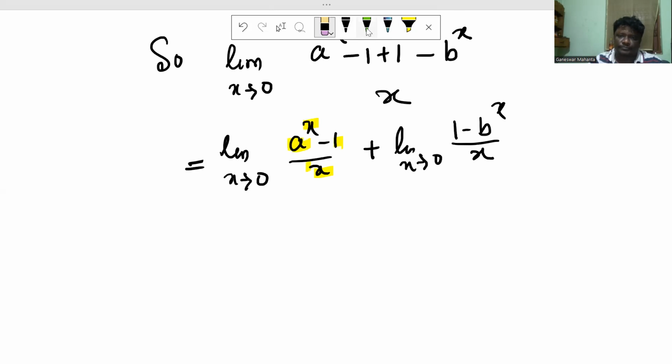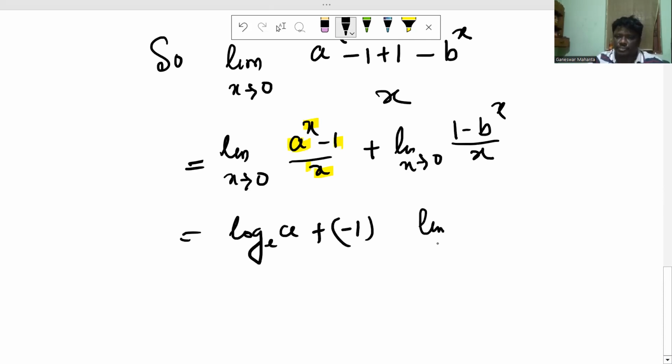So this is log a, plus, since you have taken one minus here, minus 1 will be taken common. Then this becomes limit x tends to 0, b to the power x minus 1 by x.